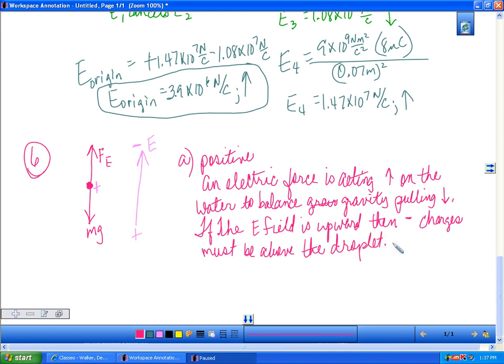How do I know? Because electric fields go away from positives and toward negatives. This means my droplet is attracted to the negative particles.